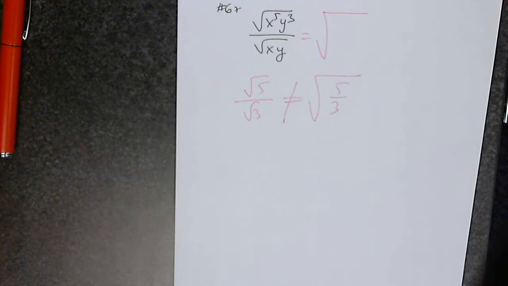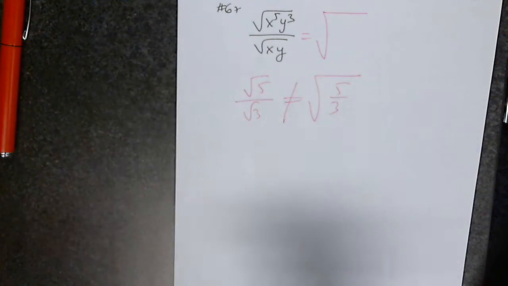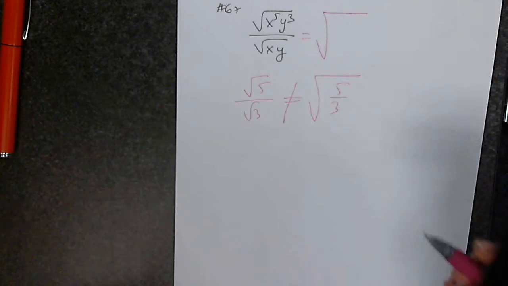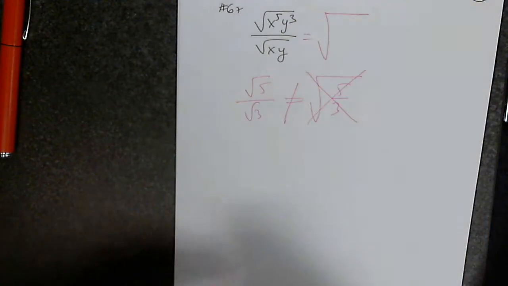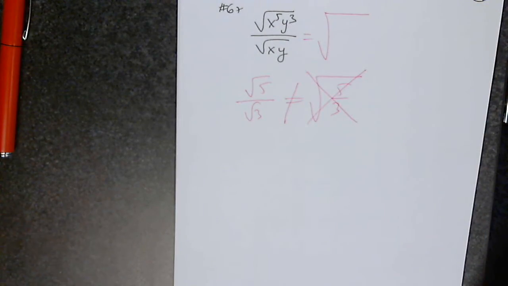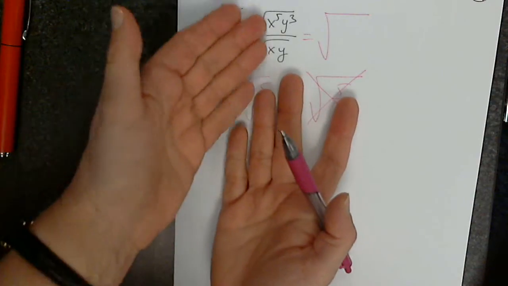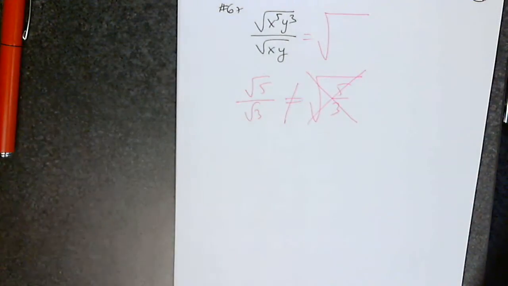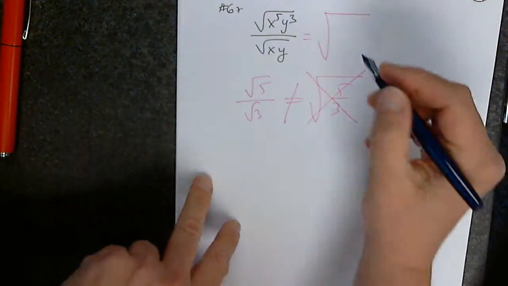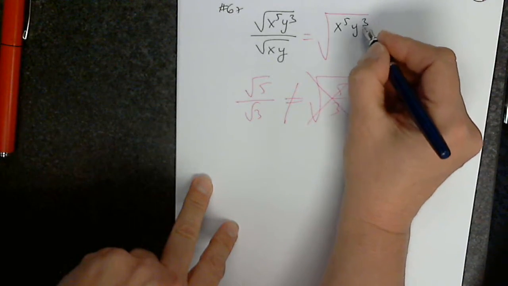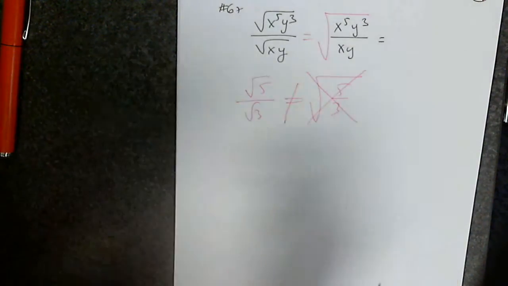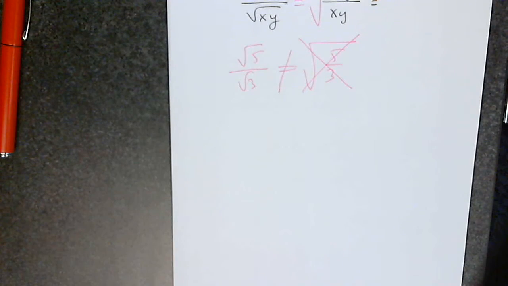This is correct, but it will not allow us to further simplify it because 5 and 3 don't have a common factor. So there is no need to do this when there are no common factors. But here I have both x and y. So I will rewrite the whole thing with one radical. Simplify inside and then try to simplify the radical.